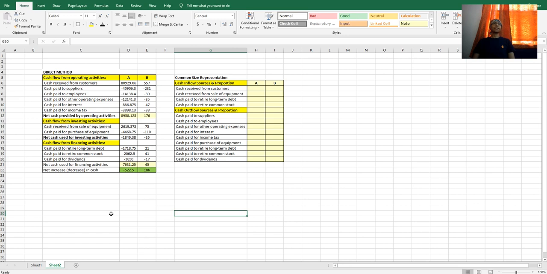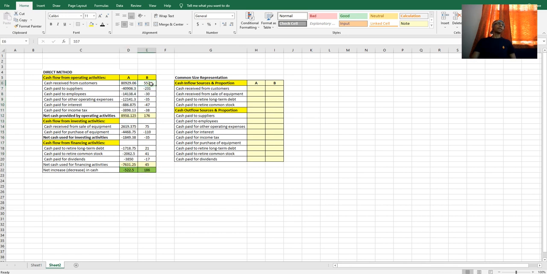Now we discuss common size representation for cash flow statements. So friends, we can see a direct method statement here. Cash flow from operations, investing activities and financing activities are mentioned here. Now there are two companies, A and B, with drastically different numbers in terms of proportion.